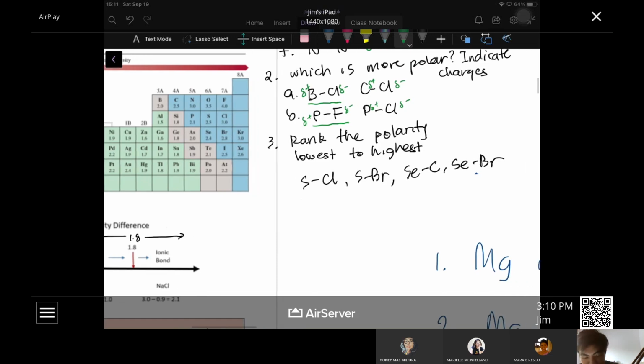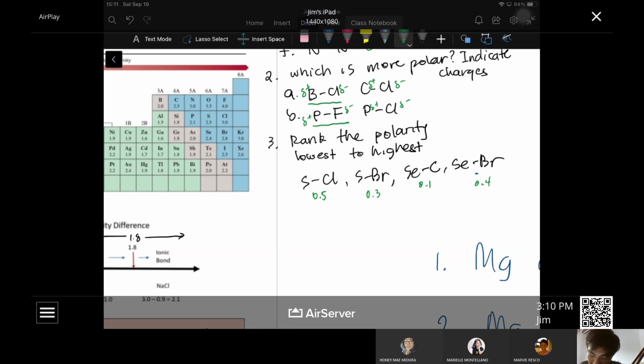Sige. So, SCl, 0.5. SBr, 0.3. Selenium carbide, SeC, 0.1. SeBr, 0.4. So, ano yung ranking natin?